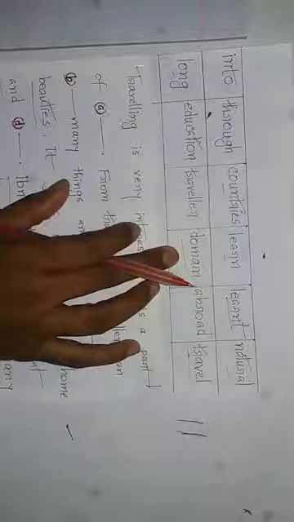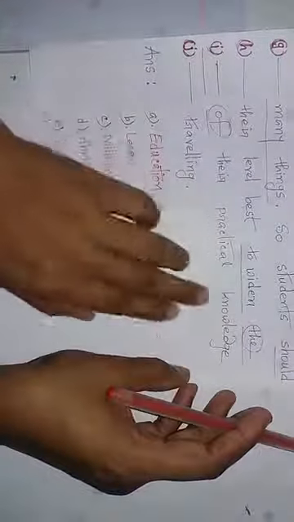In the box, you find a noun, that is domain. The meaning of this word is area or range of something. So the students should travel their level best to widen the domain of their practical knowledge.